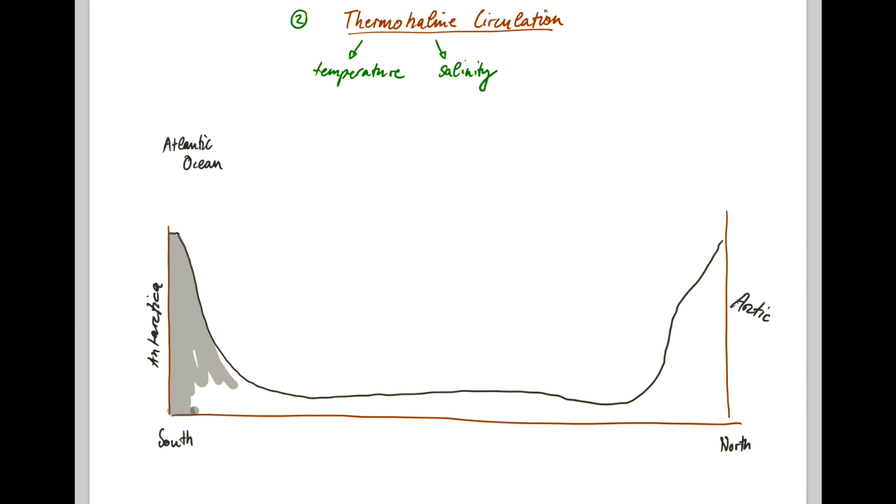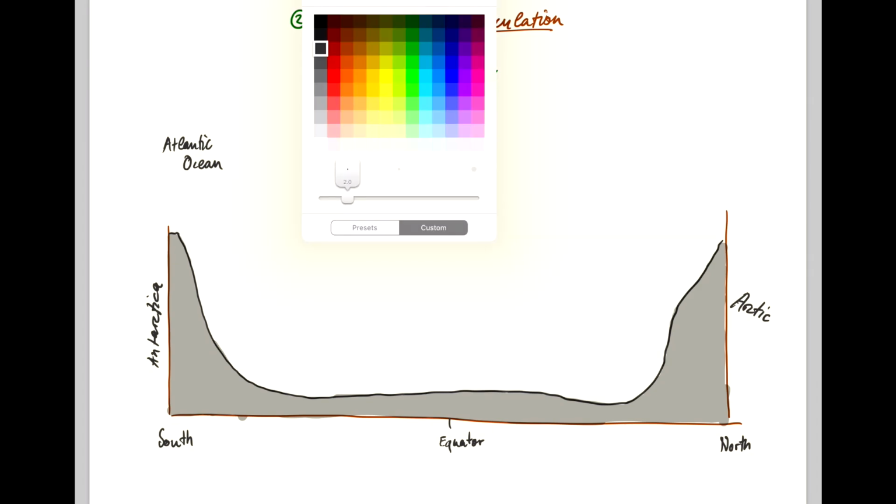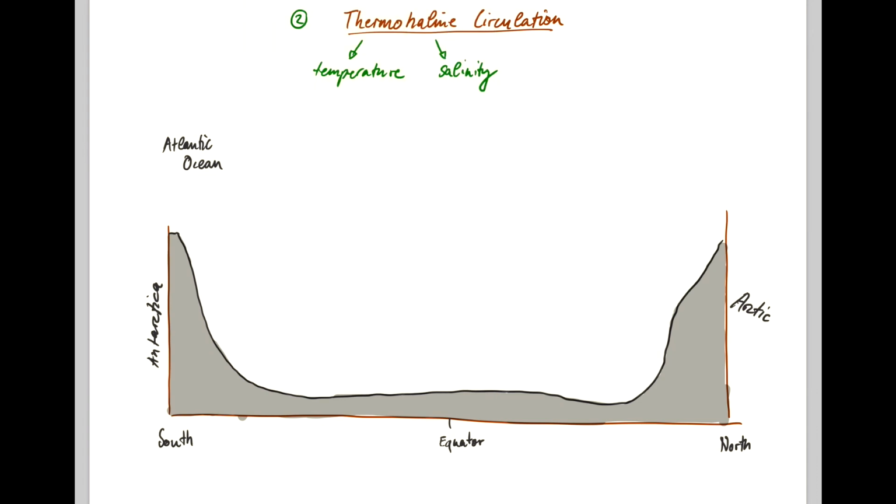And I'll draw a simplified bathymetry here. Here we have the equator. And there are different water masses, and I will sort of delineate these.